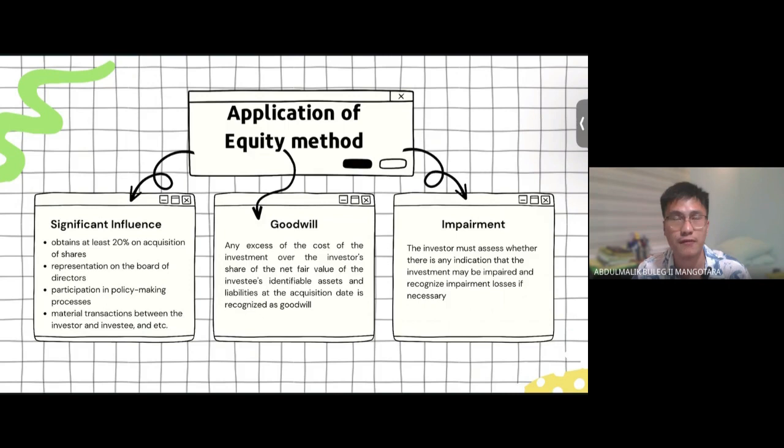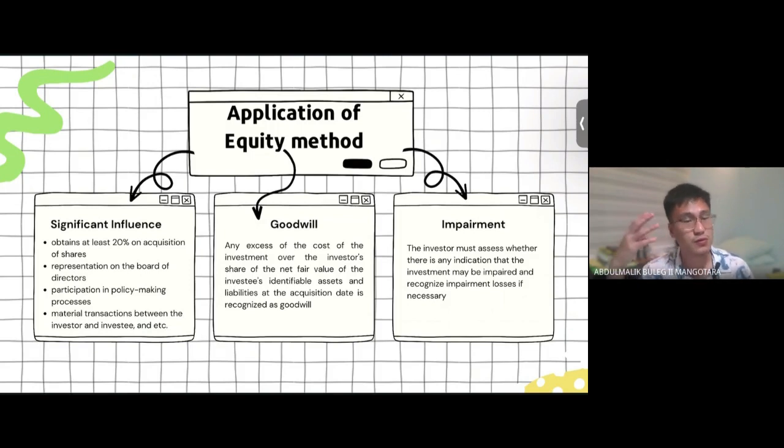Indicators of significant influence include representation on the board of directors, participation in policy-making processes, material transactions, and so on. When these indicators are present, the investor uses the equity method to account for its investments, reflecting its share of the investee's profits and losses in its own financial statements.